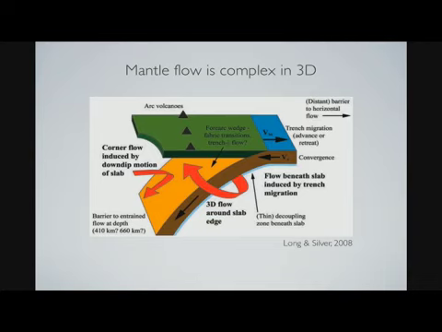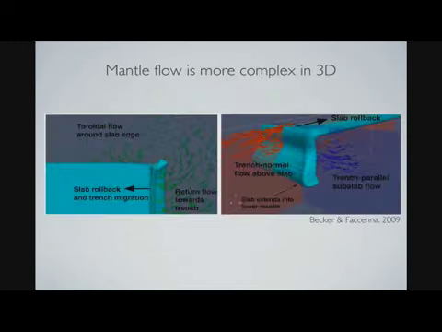So if you want to relate the seismic anisotropy observations to a mantle flow model, you need a model. Here's an example from Torsten's work showing a complex flow field around a subducting slab. But to understand how that relates to the splitting, you need a model that incorporates olivine textural evolution.